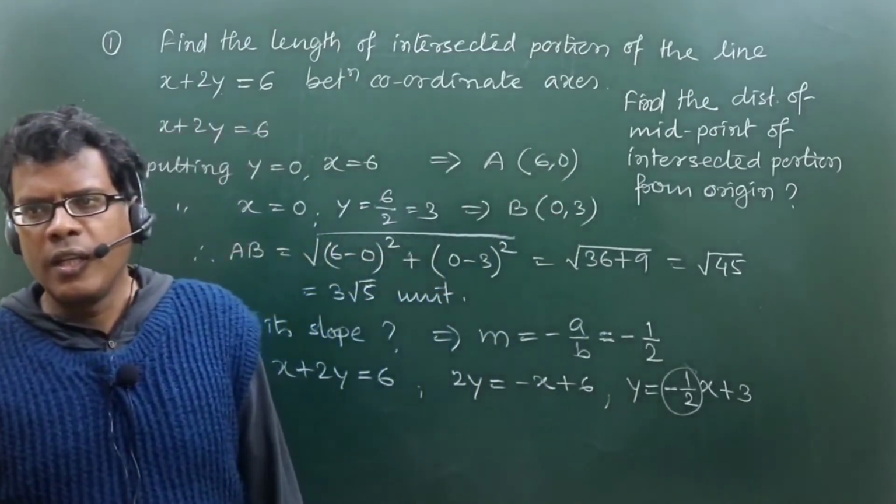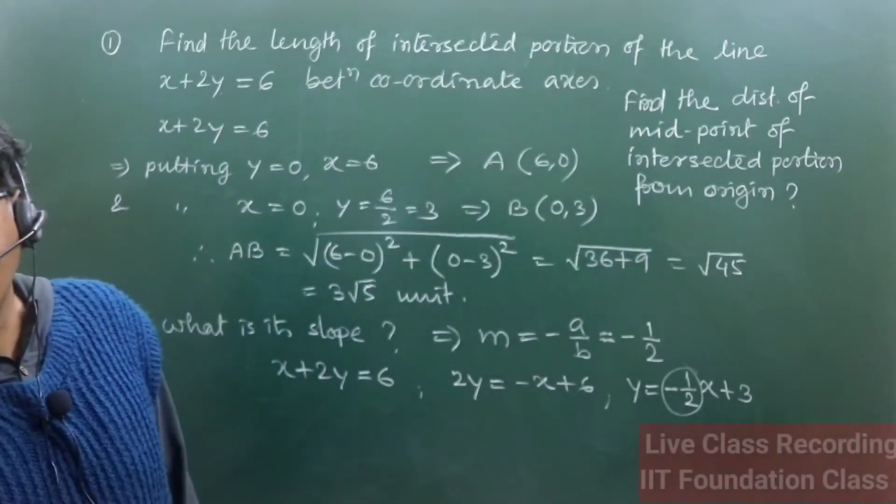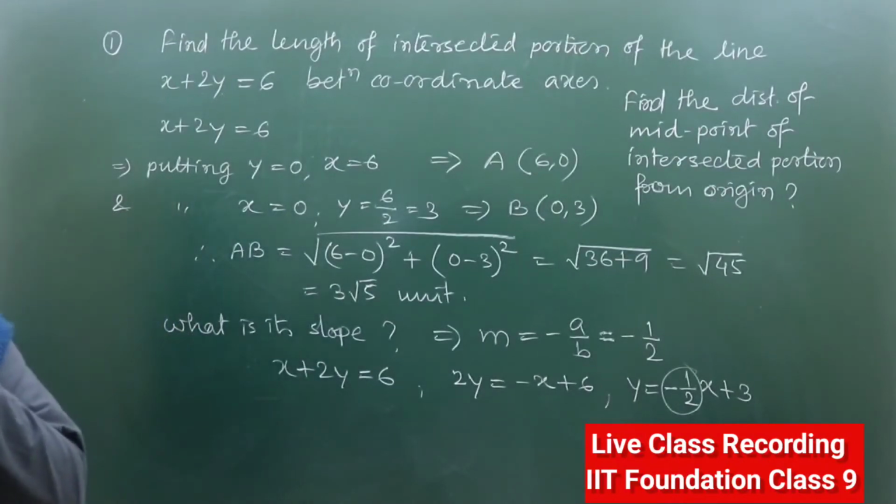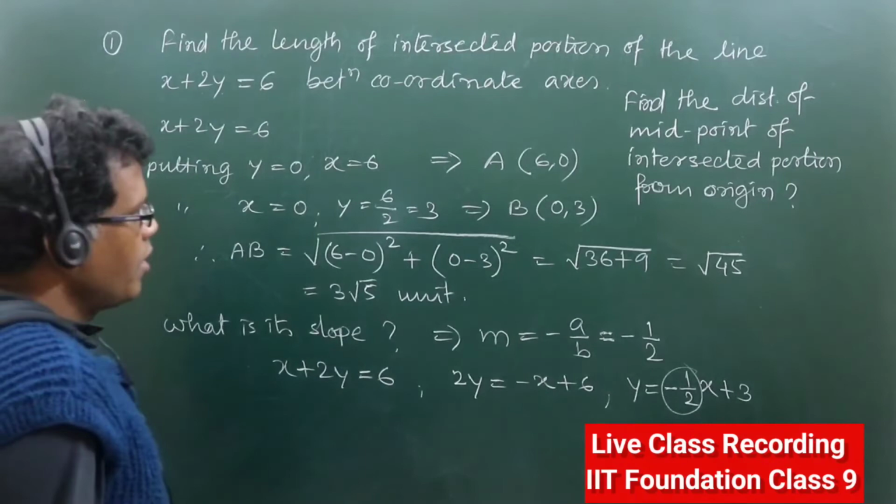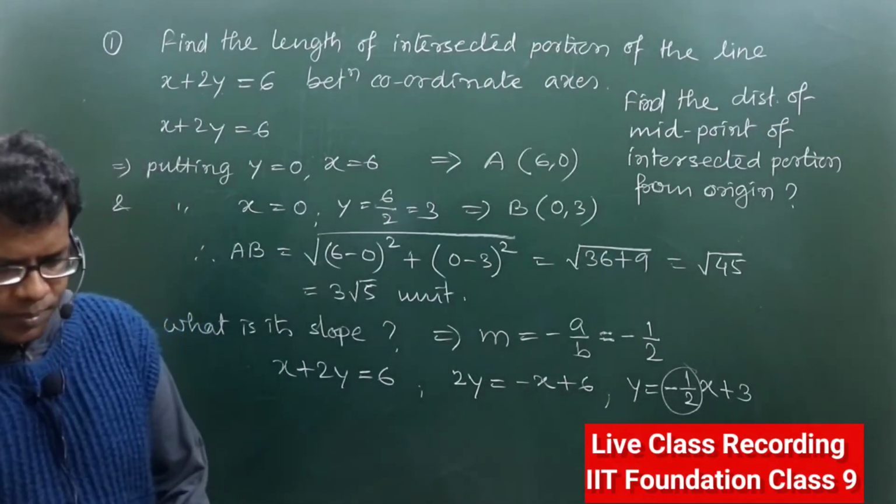In this question only, if I add this part also in discussion, what will be the distance of midpoint of the intersected portion from origin?